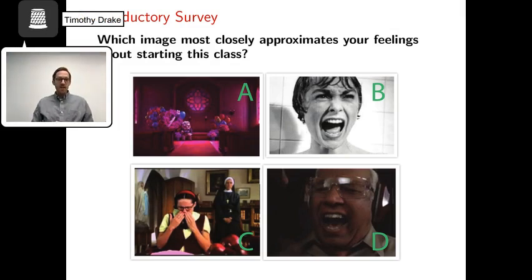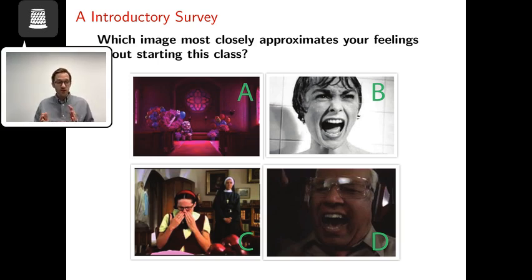All right, so I know you're required to be here, and we all have mixed feelings about being here that maybe fall into these four categories. In the A category here, this is from Up at the beginning when his wife has passed away and he's just feeling very sad. So are you sad to be in this class? B, this is from the movie Psycho. Are you very terrified of what's coming and you're just so nervous about this class and want to get it done in summer one to just finish it?